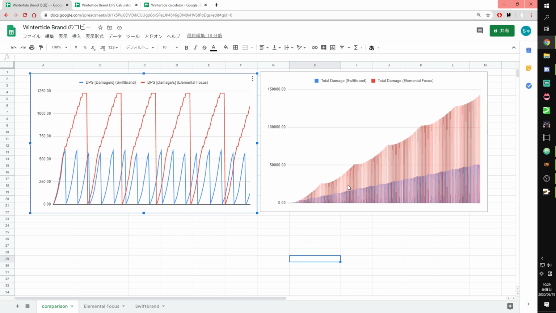And the total DPS from Wintertide Brand and Wintertide's end debuff, the second debuff, is like this. The red one is the total DPS and the blue one is Swiftbrand total DPS. That differs by 2 times or more. I don't know exactly how many, but huge damage from Elemental Focus and low damage from Swiftbrand Support.